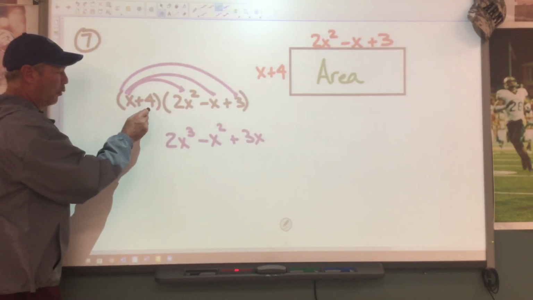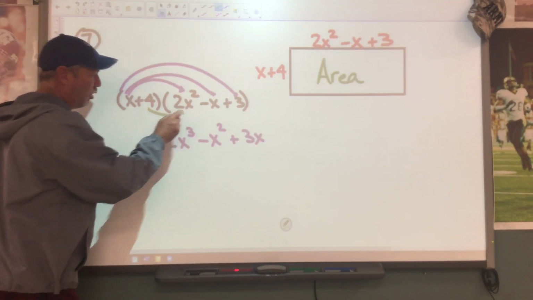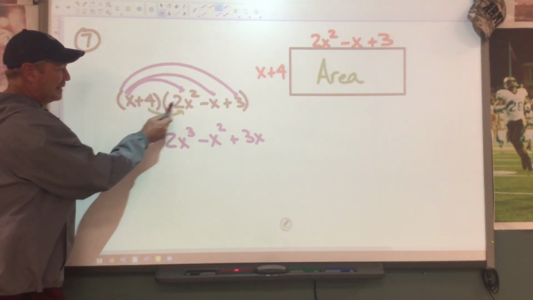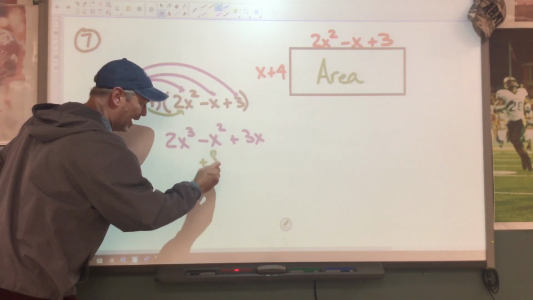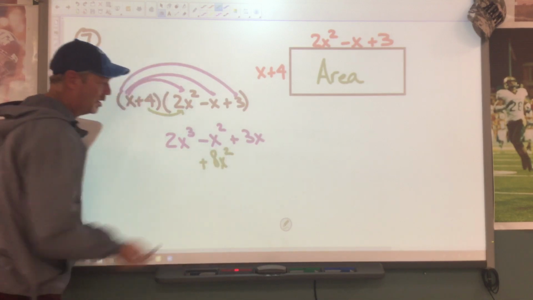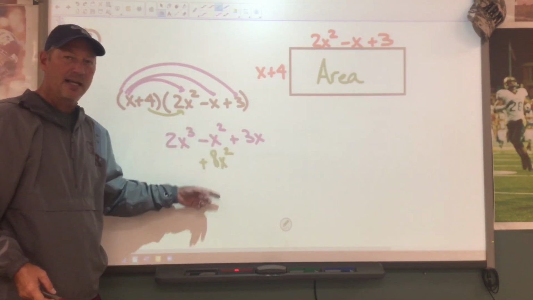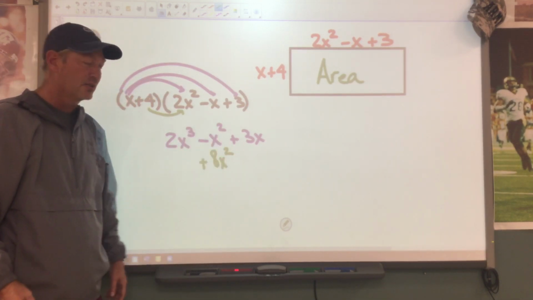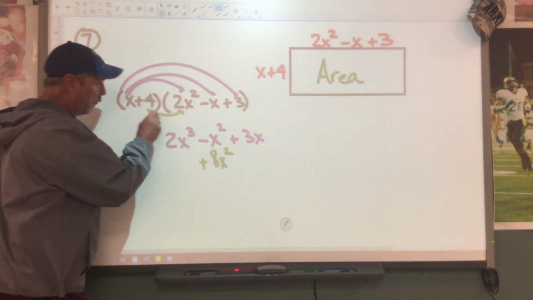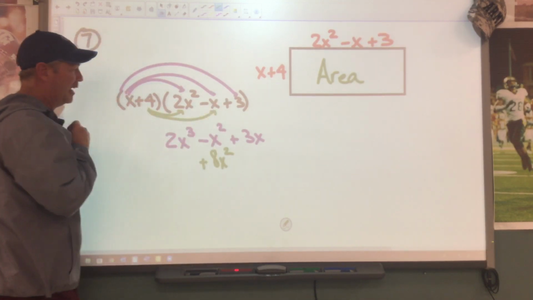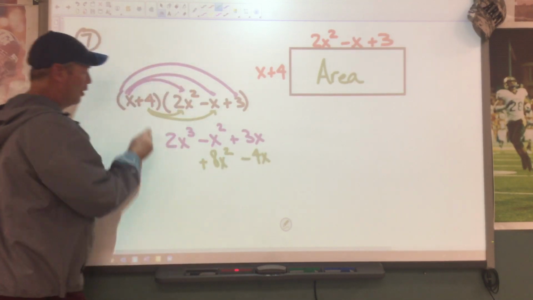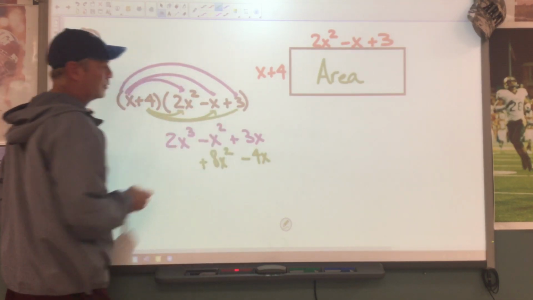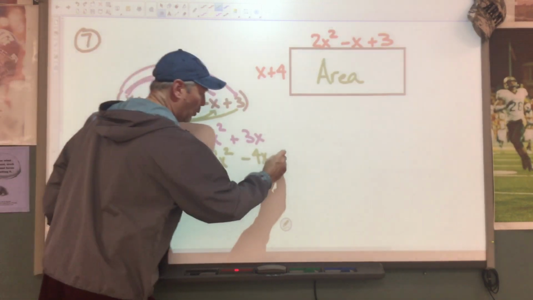I'm going to take the 4 and multiply it in all places. 4 times 2x squared is going to give me a positive 8x squared. Notice how I'm stacking my like terms. It's going to be easy to combine them in just a second. 4 times negative x is a negative 4x. 4 times 3 is a positive 12.